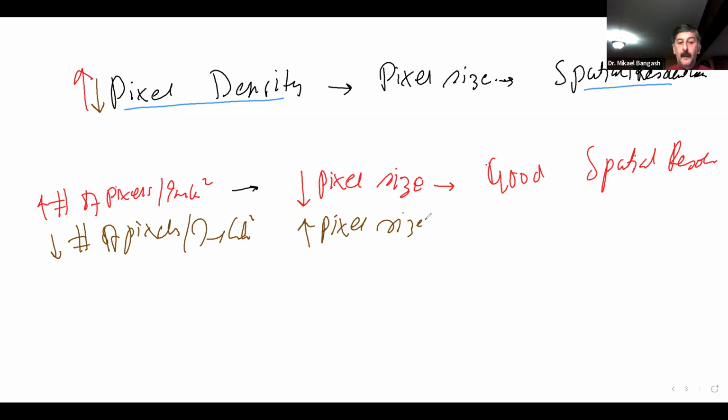Clear? And that greater pixel size, which causes the pixel density to be lesser, is going to lead to a bad or poor spatial resolution. So from now on, when we use the words spatial resolution, that accounts for either the number of pixels per square inch or the size of your pixel.